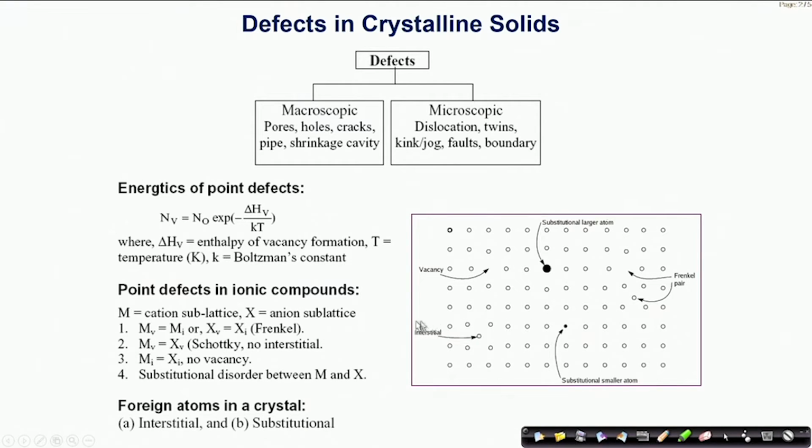Now, you have to recall that in a given lattice you certainly have certain holes present, and these are unavoidable, because if you try to fill up any given space or volume with hard, rigid, solid spheres, you cannot fill up the entire volume and some portion will be left out.